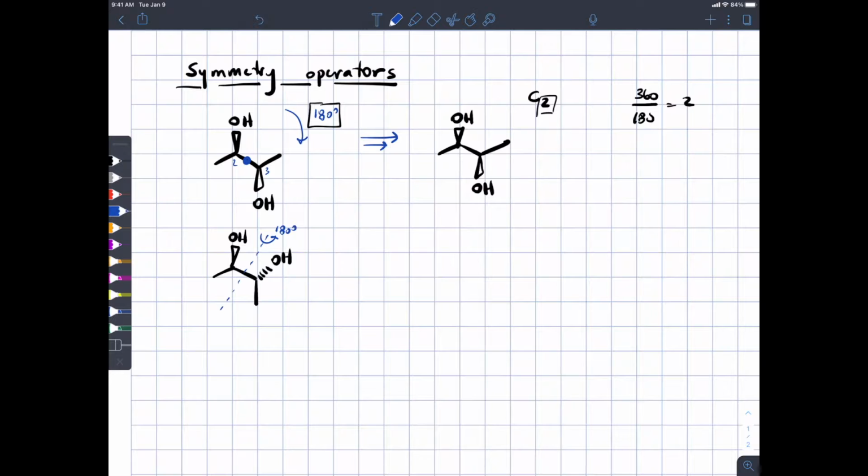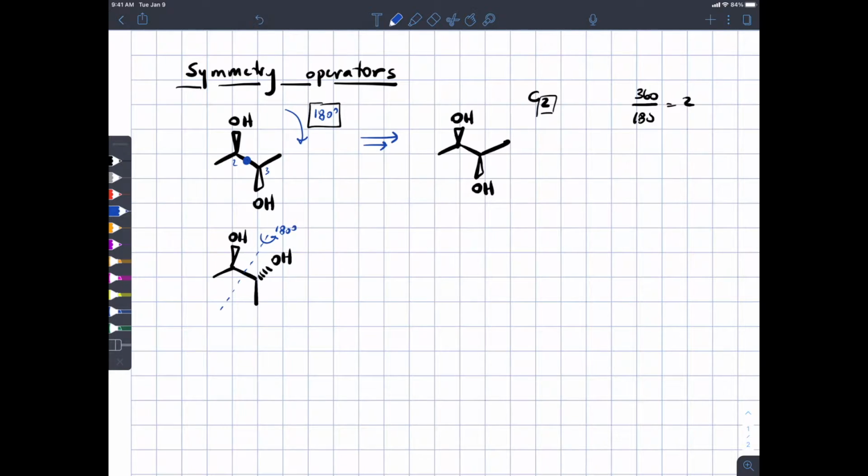provided that conformations of a molecule can exchange fast enough on the time scale of our observations, if a molecule has an element of symmetry in one conformation, it will have that element of symmetry permanently, right? Sometimes this breaks down, and I'll show you some situations in which it does.